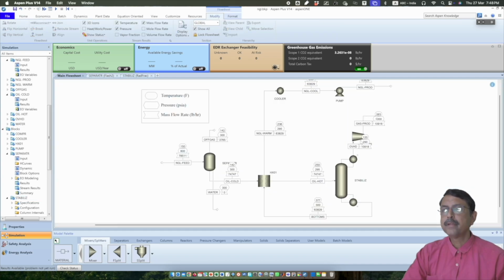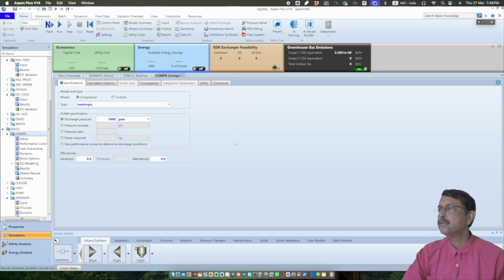Okay, so this overhead gas distillate is going into the compressor. It is an isentropic compressor with a discharge pressure of 1000 psi.